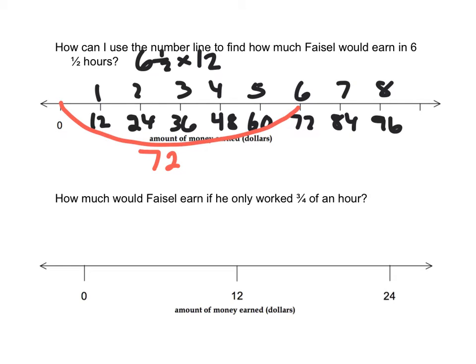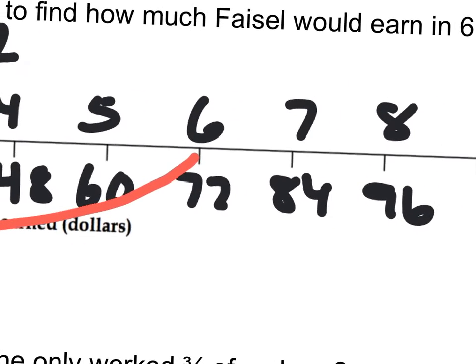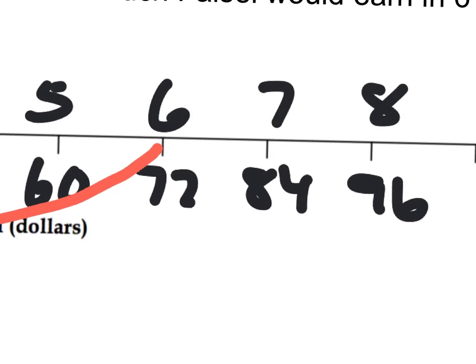At this point, what we can do is we can actually look more closely at that hour between 6 and 7. Since he's working a half hour, we know it's being split into 2 pieces. Well, if 12 is how much it's worth for the full hour, then half, 12 divided by 2, would be worth $6.